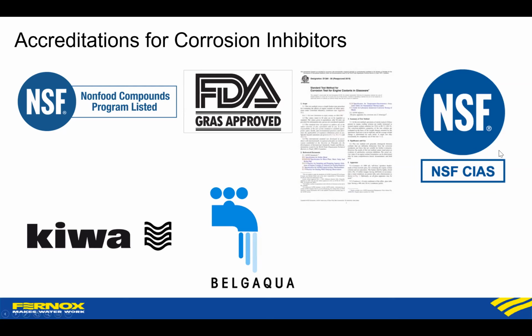Similarly, NSF CIS, that's corrosion inhibitor approval scheme. Furnos is a lab that runs that test routinely. And that's essentially, it was based originally, I think, on the ASTM standard, but instead of being for engine coolants, it was more specifically designed for heating and cooling.